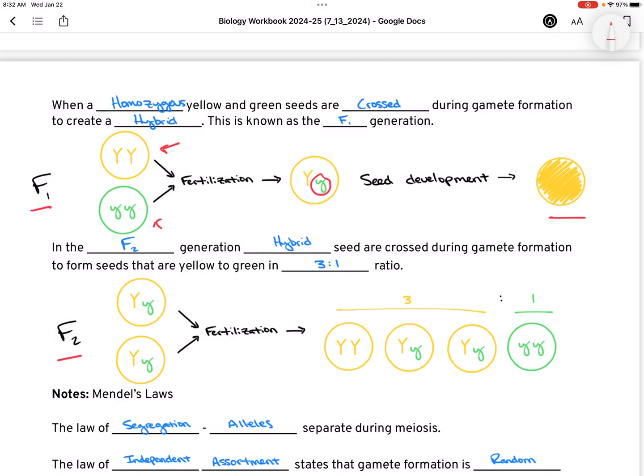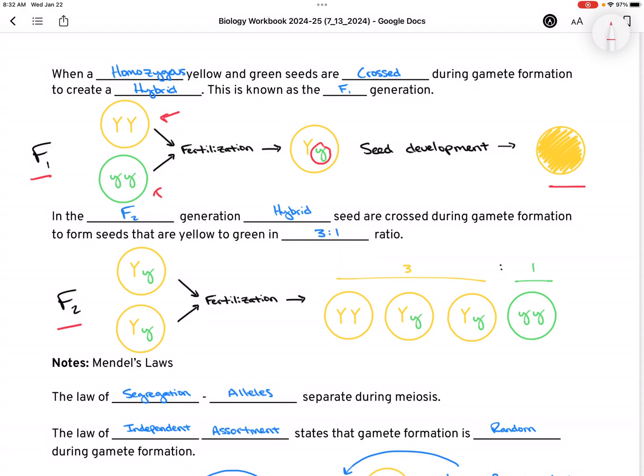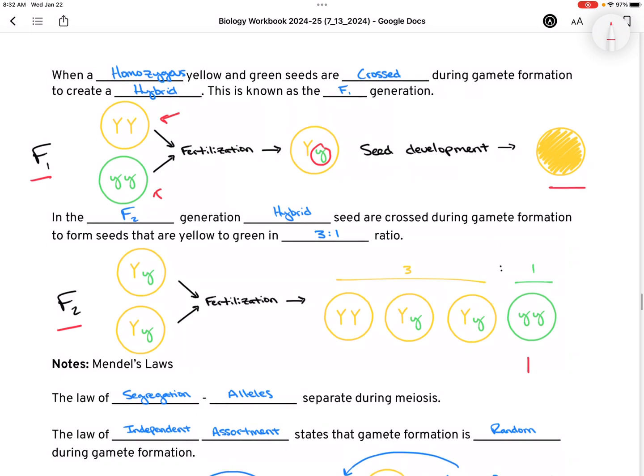And so when we do the next generation, let's say we take these hybrids and mix them, what we find is that the color occurs on a 3-to-1 ratio. And when Mendel was working with pea plants, he was confused why he was mixing yellow seeds, and all of a sudden, every now and then, a green seed would pop up. And he was like, there must be some hidden characteristic that we can't see.